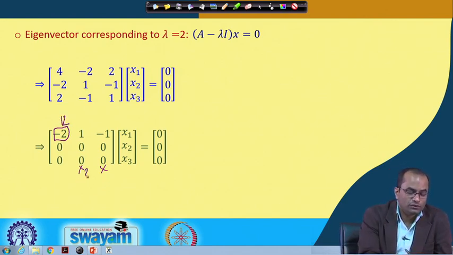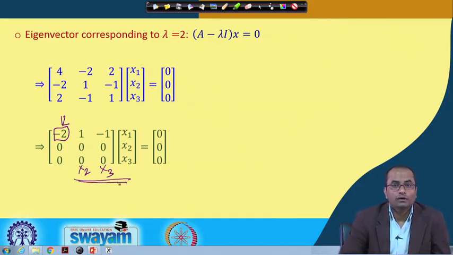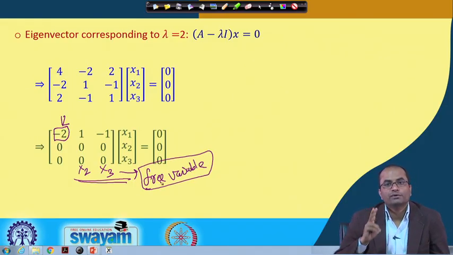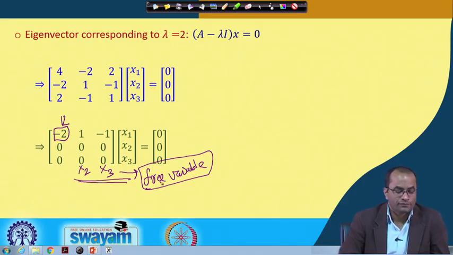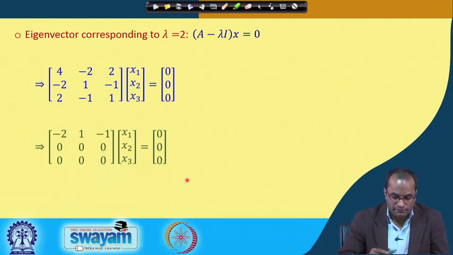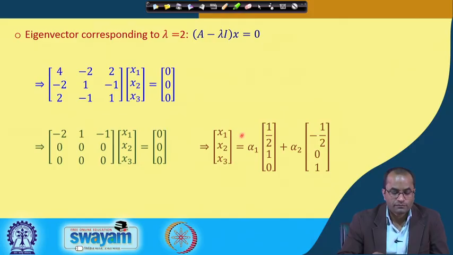So, x2 and x3 will be free variables, and we can assign any value to them. That means we are going to have two linearly independent eigenvectors, because the number of free variables decides exactly how many linearly independent eigenvectors we will get. So, in this case we will get two linearly independent eigenvectors, and that is what we write.